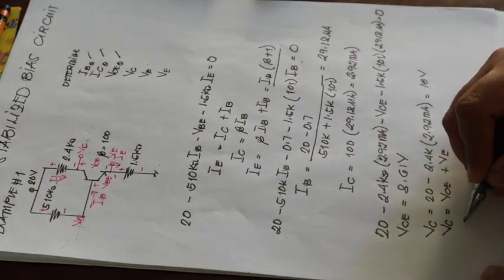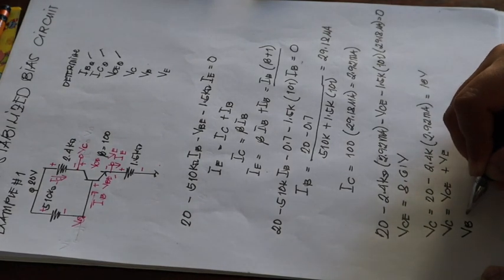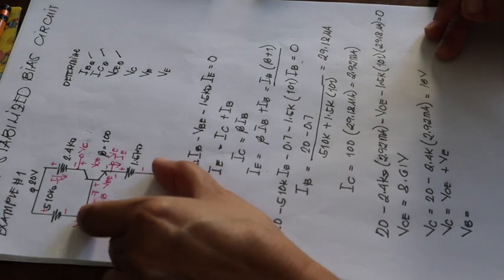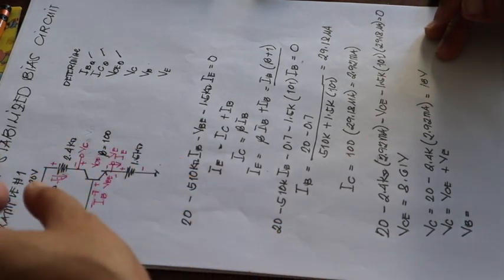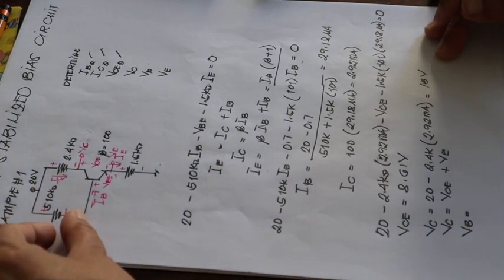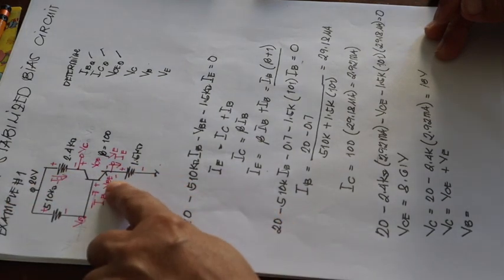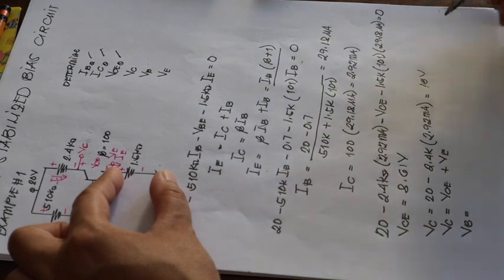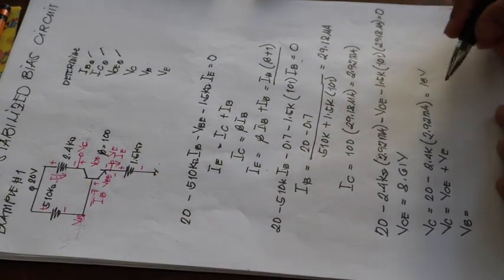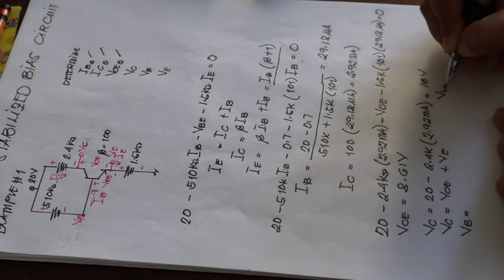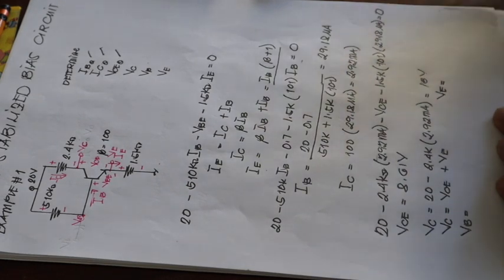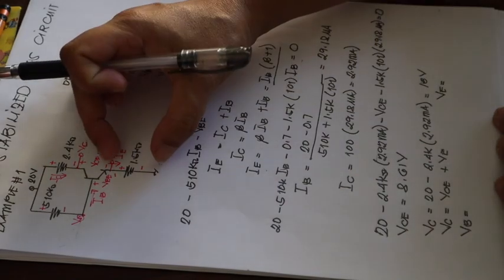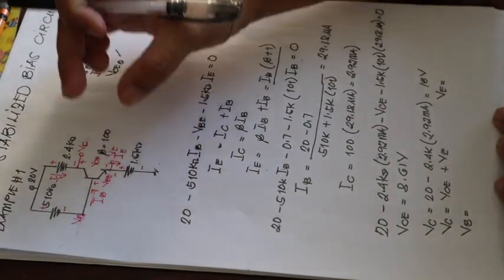So, what is next? VB. Again, there are two ways to solve for VB. It will be 20 less the voltage dito, or pwede rin naman na VB is equal to VBE plus VE. I think it would be more convenient if we are going to solve for VE muna kasi kakailanganin natin yan. So, let us solve for VE first. Ano ba yung VE? The voltage across the 1.5K.